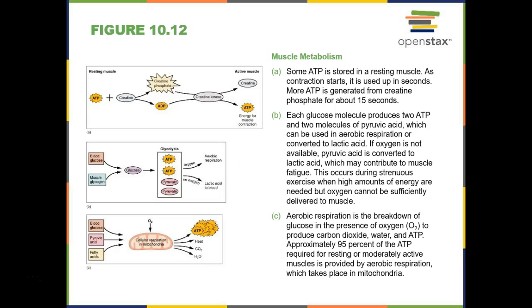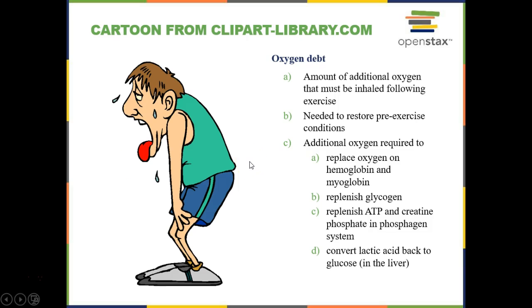So that phosphagen system is this system up here. Phosphagen system is this first system, an anaerobic mechanism to produce ATP very rapidly, versus this anaerobic mechanism here that's a little bit longer, called fermentation. So we're going to replenish ATP stores, replenish the creatine phosphates.